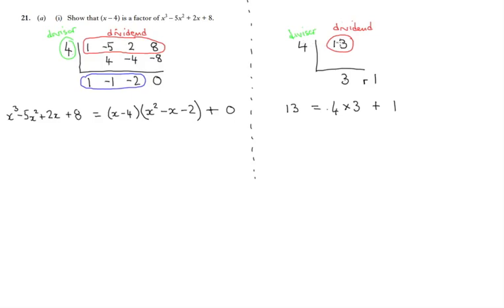How many times did 4 go into 13? It went 3 times. So this is the quotient. And then finally we have the remainder. In this case it was plus 1. In this case it's 0.